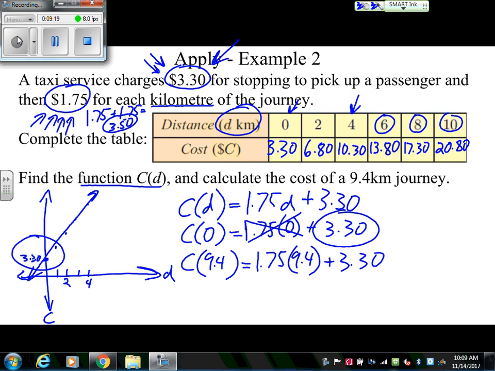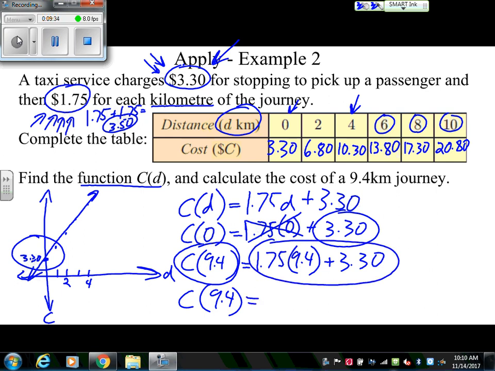3.30. Now for this, since there's just a couple decimals involved, I'm just going to put this all into a calculator. Now I'm not going to put this in the calculator. That's just a label. That's saying that the cost of 9.4 kilometers of travel in this taxi is equal to all of this stuff. So I'm just simplifying. And notice there's no variables anywhere here, so I'm not going to use y equals on my calculator or anything like that.